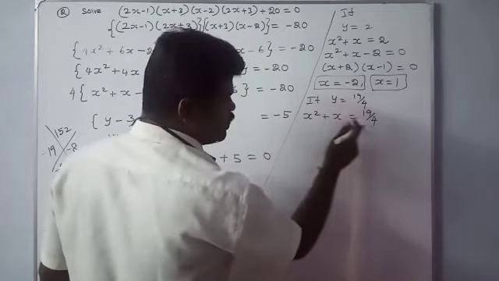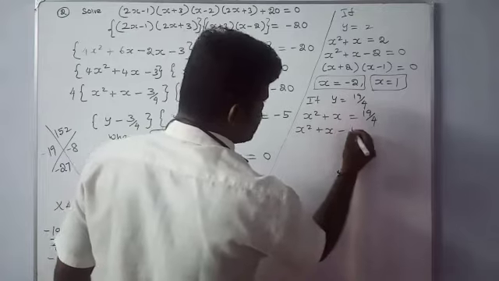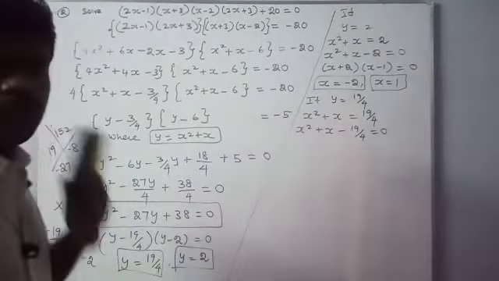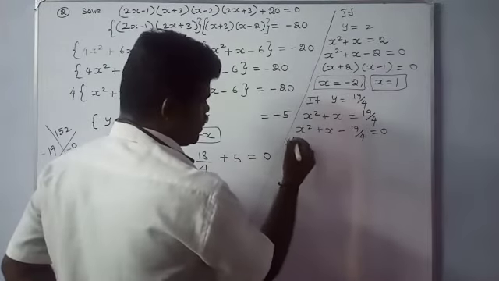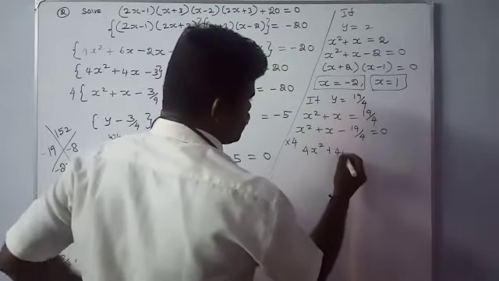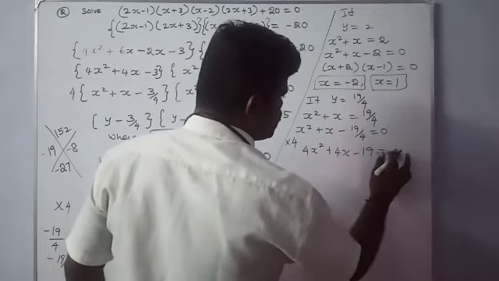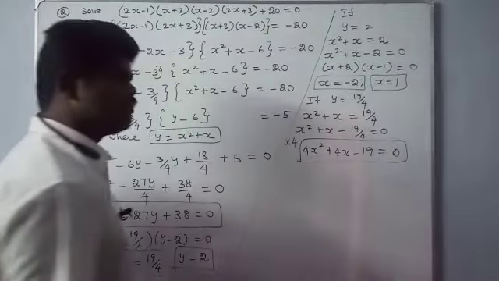Now we want x square plus x minus 19 divided by 4 equal to 0. Multiply 4 on both sides, which means 4x square plus 4x minus 19 equal to 0. This is the quadratic equation.